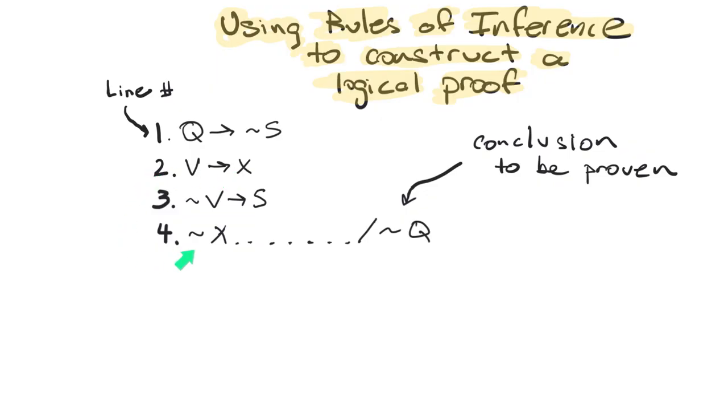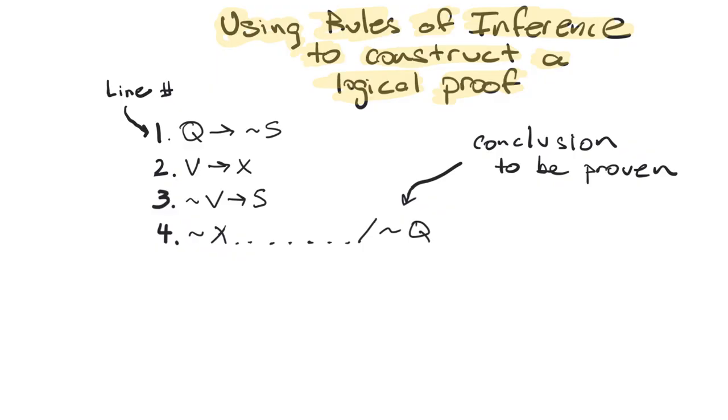And in line 4, we see the negation of x, which is the negation of that consequent. You should recognize that pretty quickly as a form of modus tollens, where the negation of the consequent leads to the negation of the antecedent. And that is a valid logical inference.